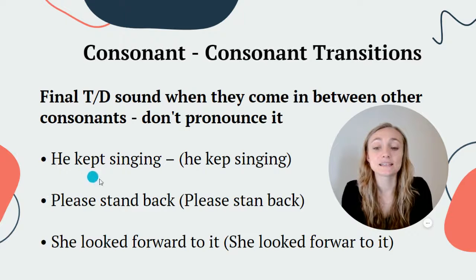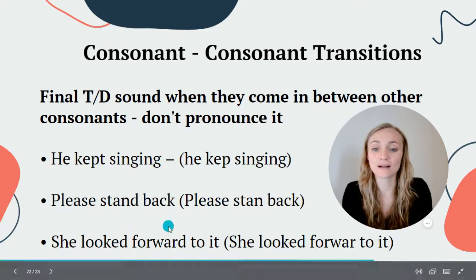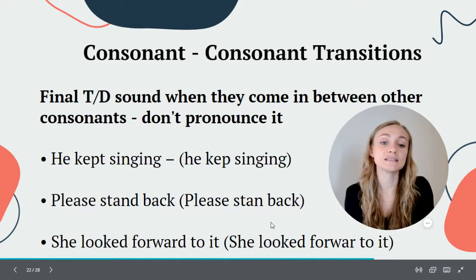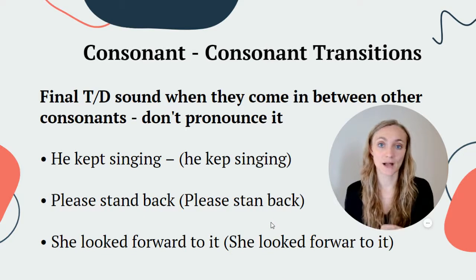He kept singing turns into he kept singing. Okay, so you just won't even hear the T. Same if we have a D in between two consonants, like in stand back. You won't hear the D, you'll just hear please stand back.